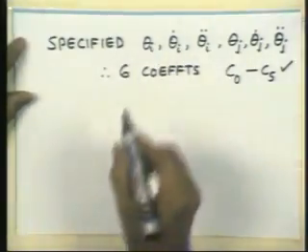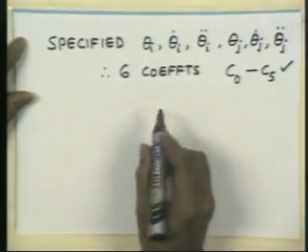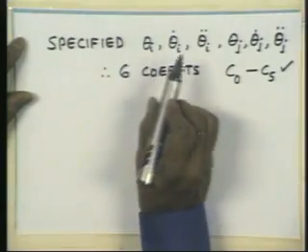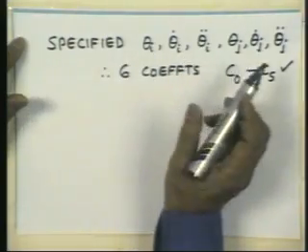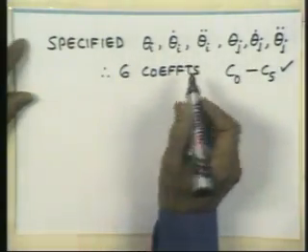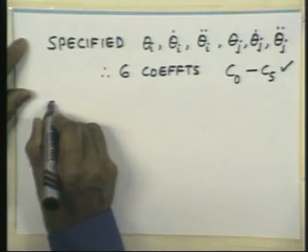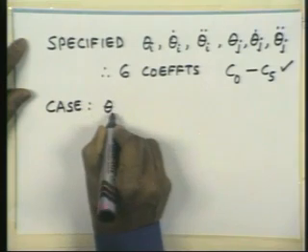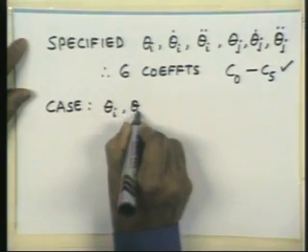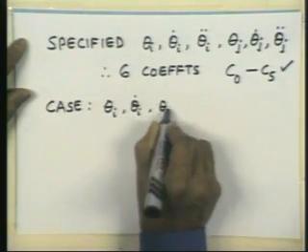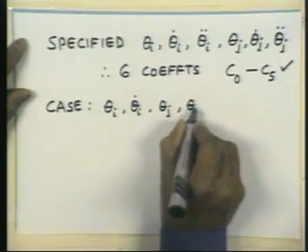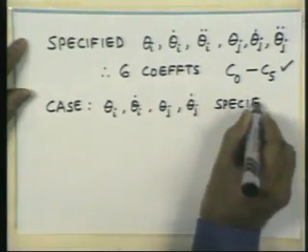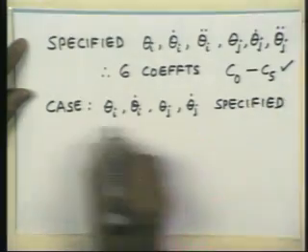Okay. So, now let us look at the simpler case where only the I and j position and velocity are prescribed and accelerations are not usually specified. So, a case where theta I, theta j, theta I dot, theta j dot are specified.